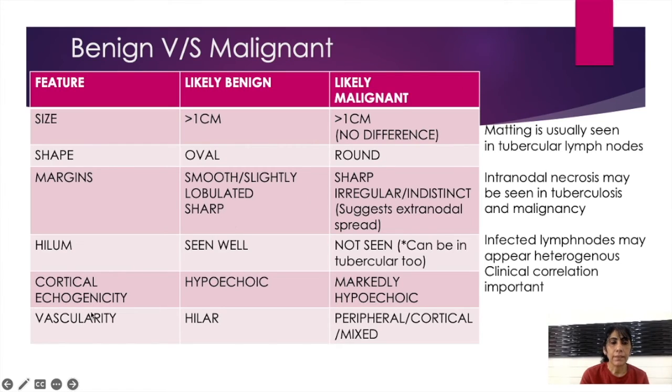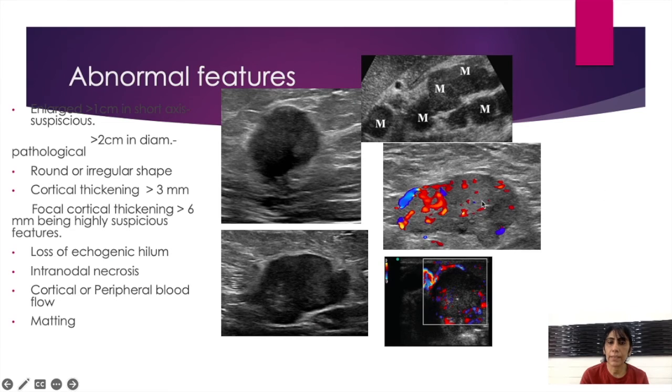Then vascularity, mostly hilar, and here it may be peripheral or cortical or sometimes mixed, including hilar, peripheral, cortical, right? Like here you can see, this is abnormal. Not in the hilum, but at the periphery and in the cortex. This is also abnormal. Not in the hilum, but at the periphery and in the cortical region.